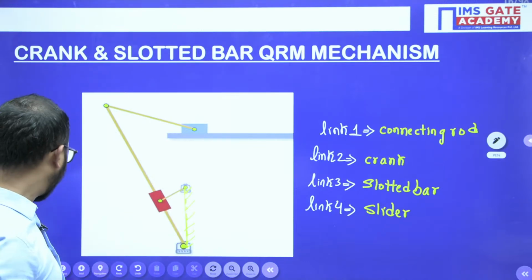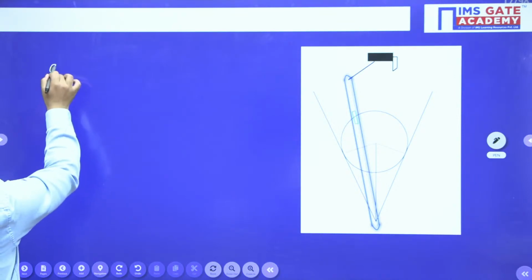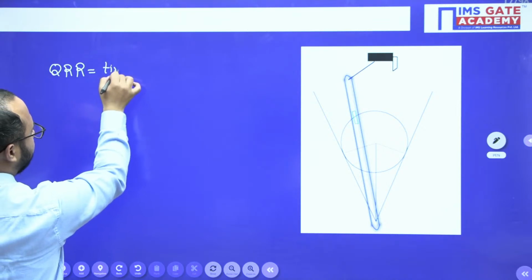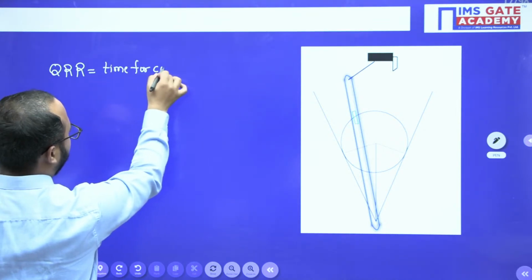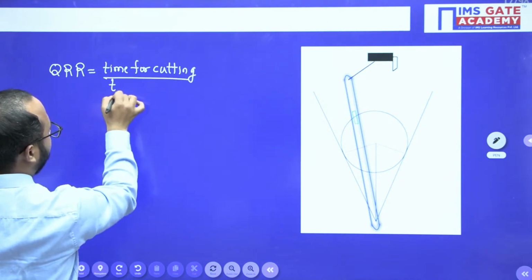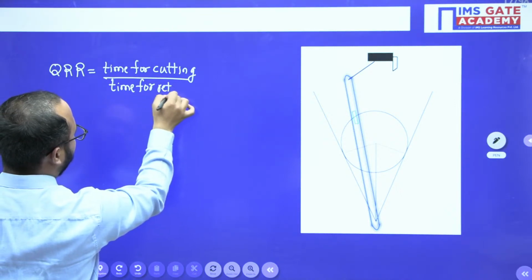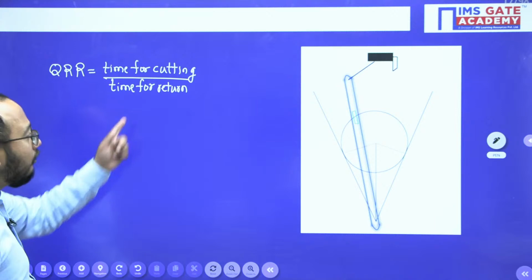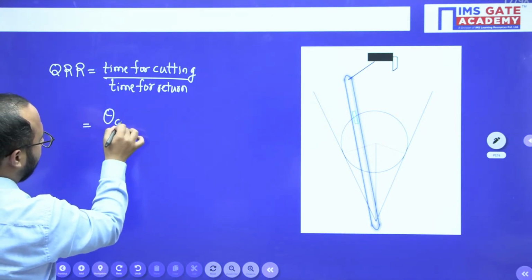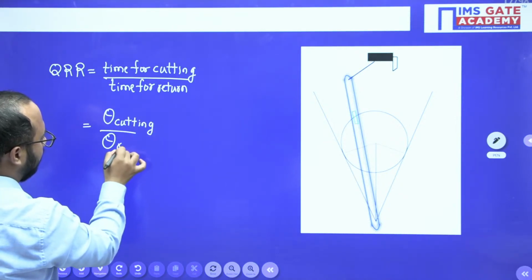Now, what questions will they ask? This is the mechanism here. They will ask the QRR. So you should understand this is the time for cutting divided by time for return. Obviously that time will be proportional to the angle, so you can say theta of cutting over theta of return.